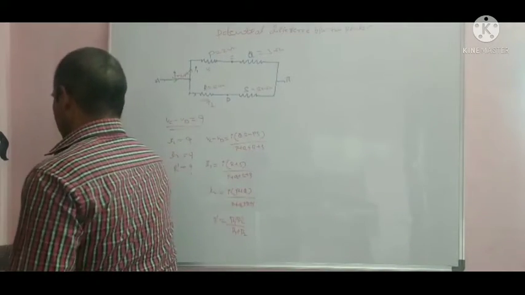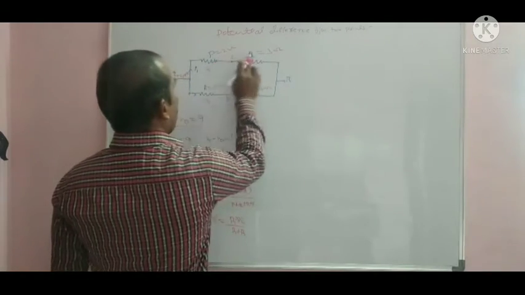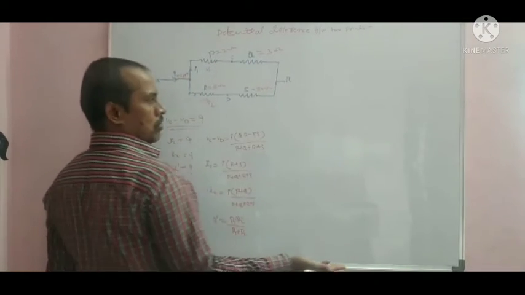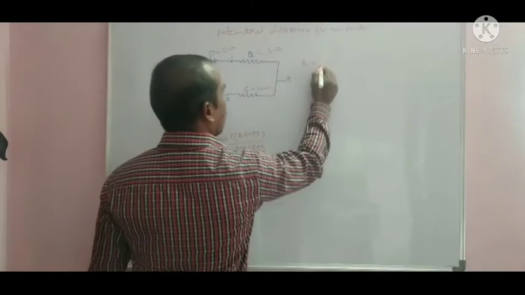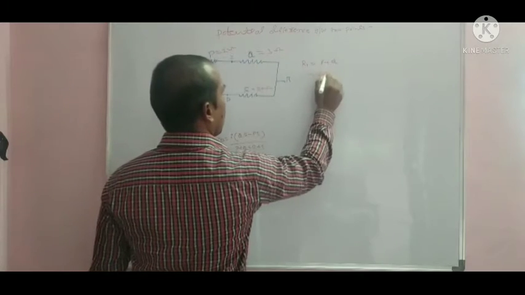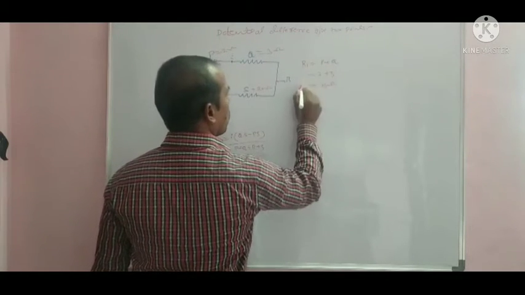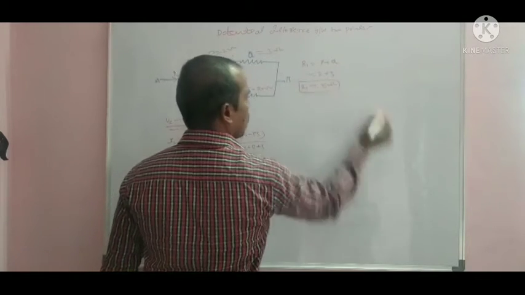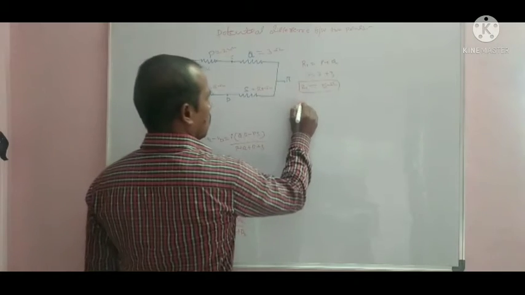So first, R1. For example, here P and Q are in series combination. So R1 is equal to P plus Q. P value is 2 and Q value is 3, that is equal to 5. This is R1. Next, R2.